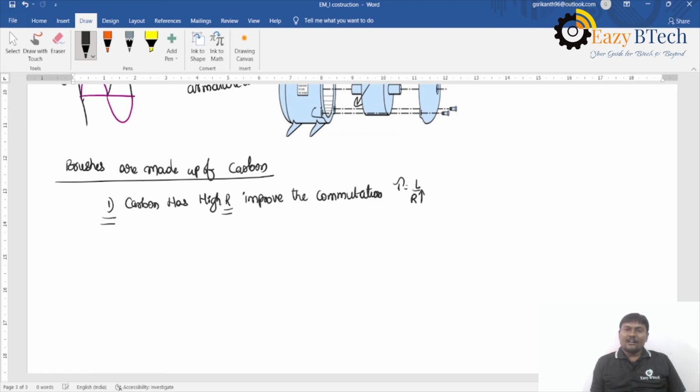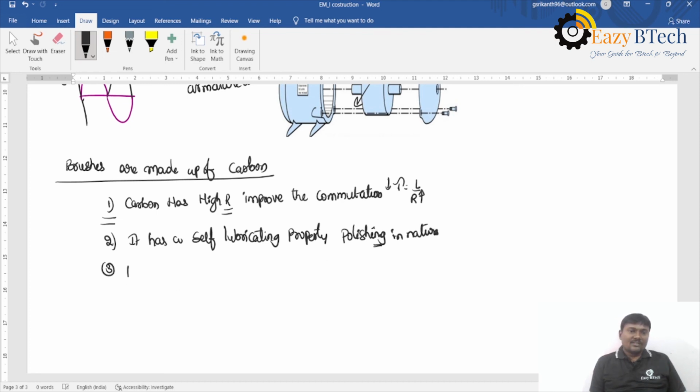Tau is equal to L by R. If R is more, then the time constant decreases. And the second property is that it has a self lubricating property, that means polishing in nature. It is not easily damaged.